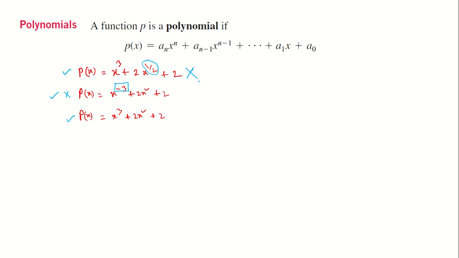So the condition for becoming a polynomial: here we are given n. n must be in the set of all natural numbers. That means n must be a positive integer.